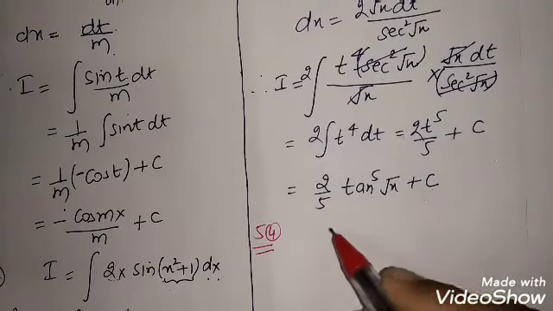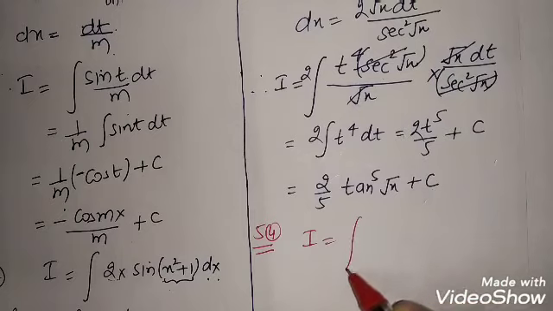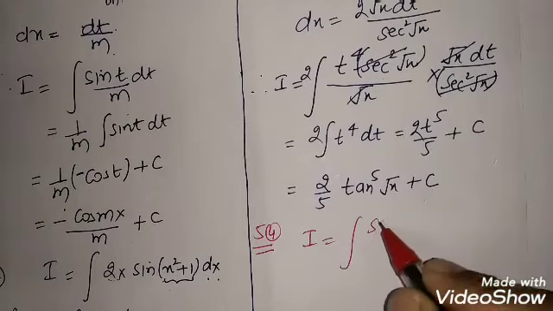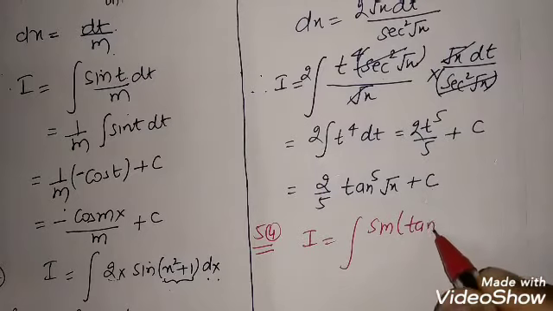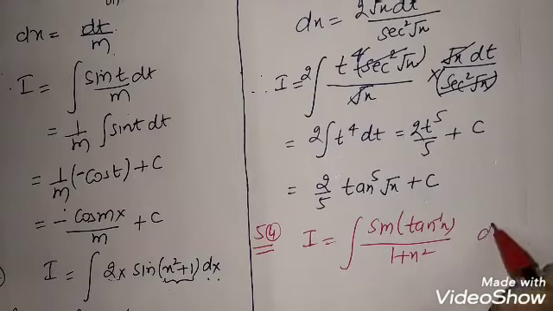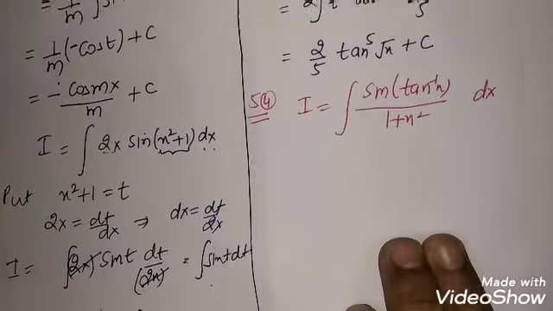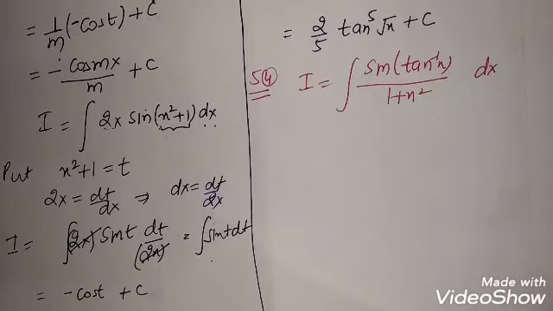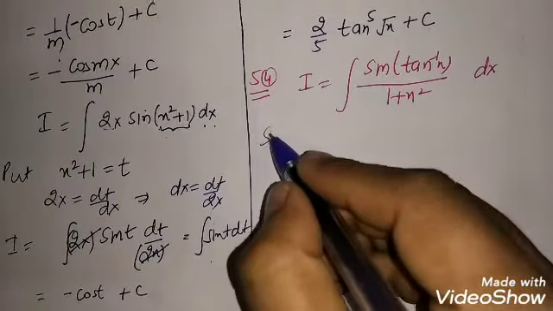This is the integration of I, equal to the integration of sin(tan⁻¹ x) upon 1 plus x². Quite easy to solve, not that tough or tricky. This is the solution.